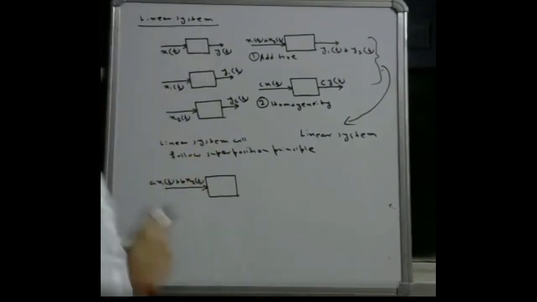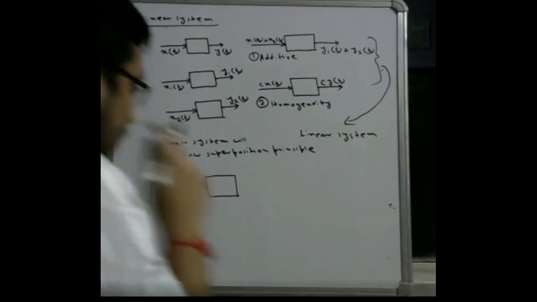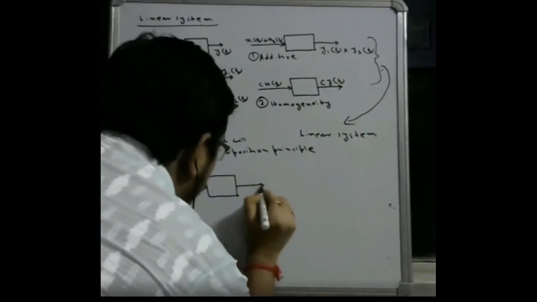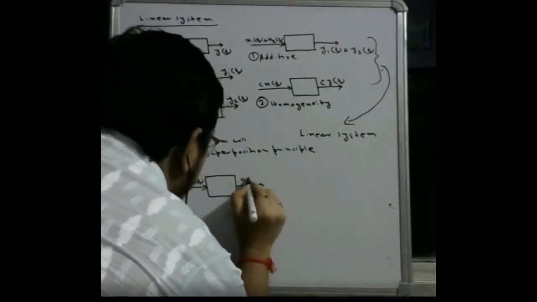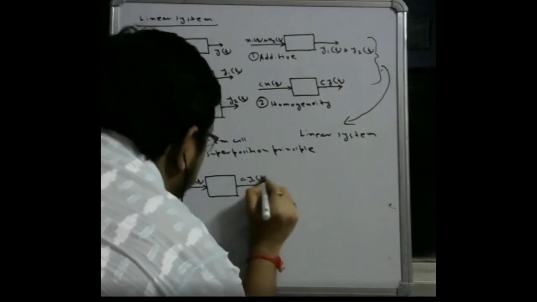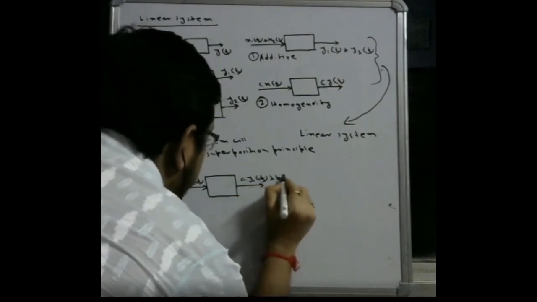If this type of input is applied, then the output will be a y1(t) plus b y2(t).